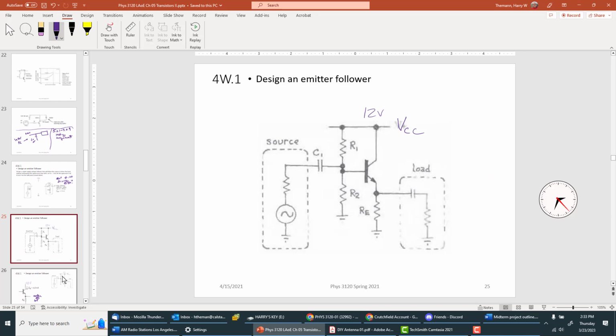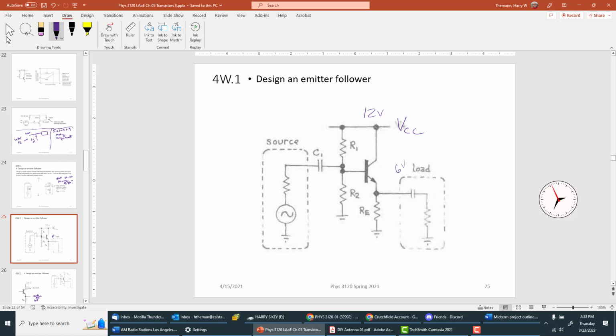So we have our 12-volt supply, and we want to center the output. He says, let's be lazy, and even though we know there's going to be a voltage drop across the base, we're just going to center the output at, in this case, 6 volts.